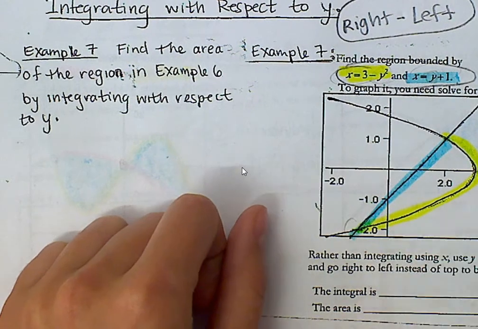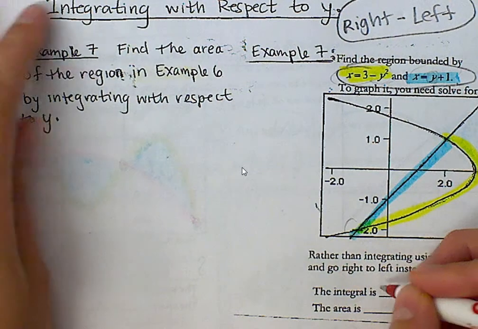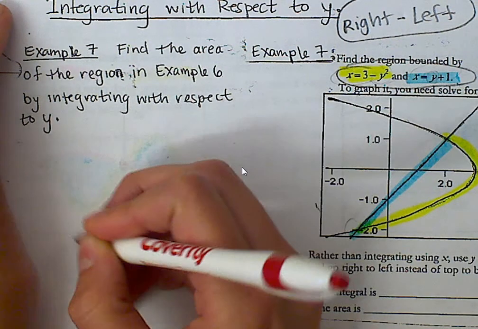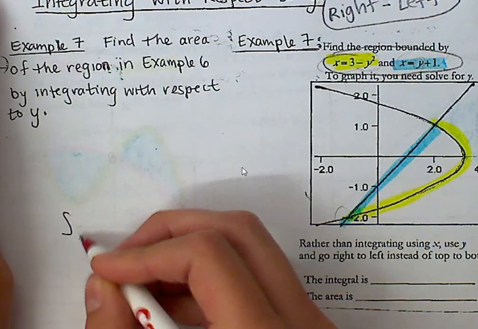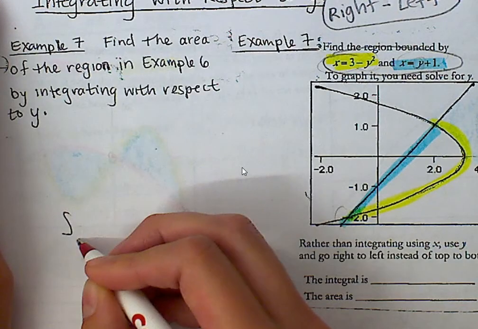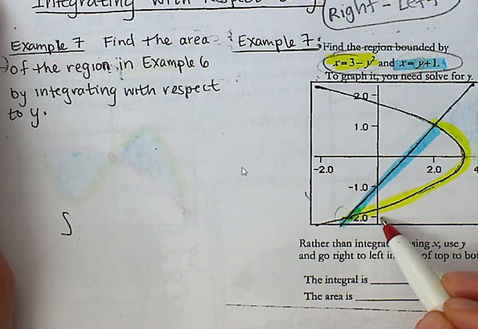So when I set up my integral, I'm going to write it over here. I have so much space. When I set up my integral, I need to make sure to use y values. So instead of x values, I'm using my smallest y value to my biggest y value.